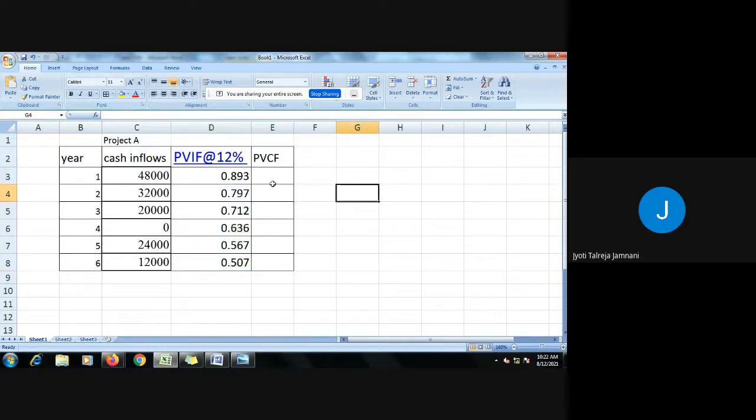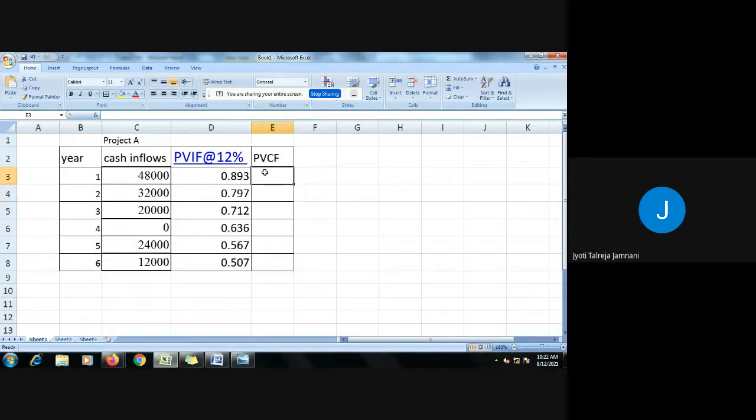Now we need the present value of cash flow. To find the present value of cash flow, you need to multiply the cash inflows 48,000 into the present value interest factor, that is 0.893. You will get the present value of cash flow for first year. Similarly, second year you multiply 32,000 into 0.797, you will get it for second year. So we have to continue this for all the 6 years.